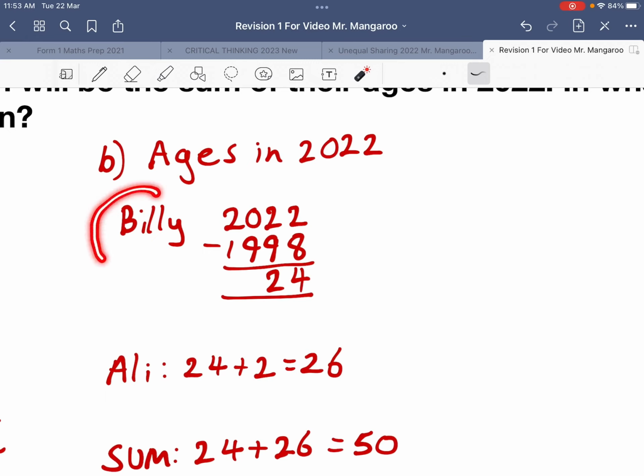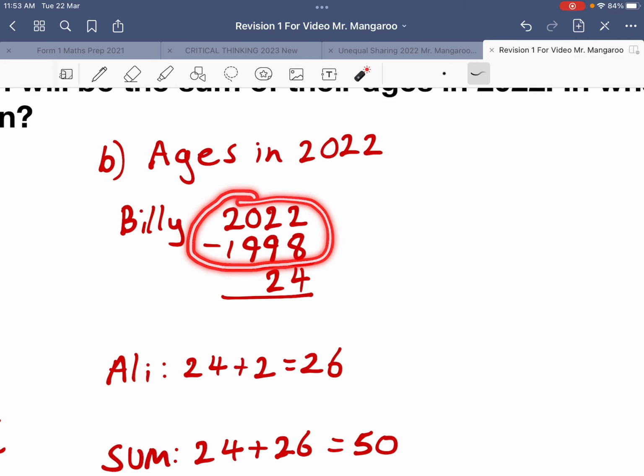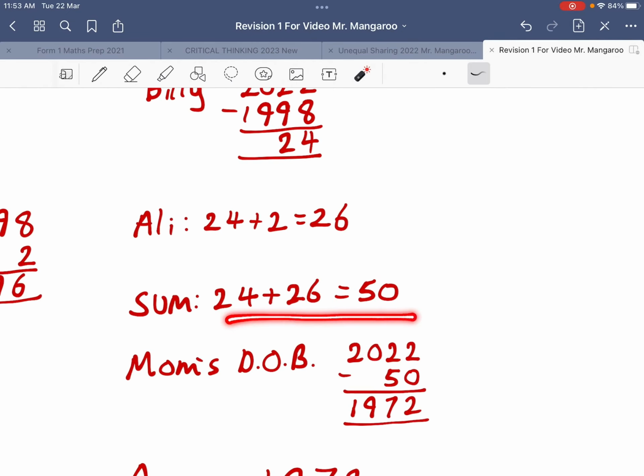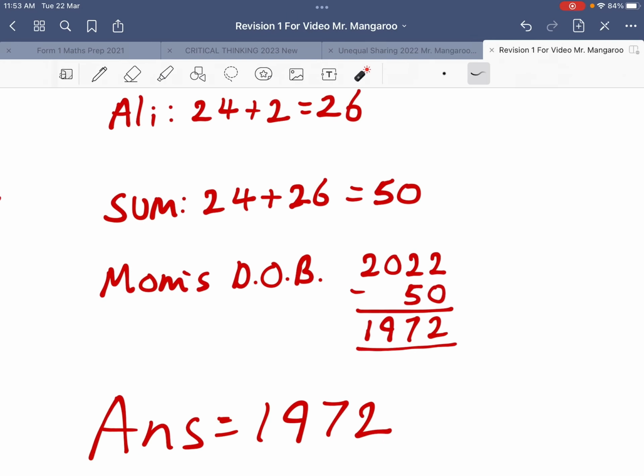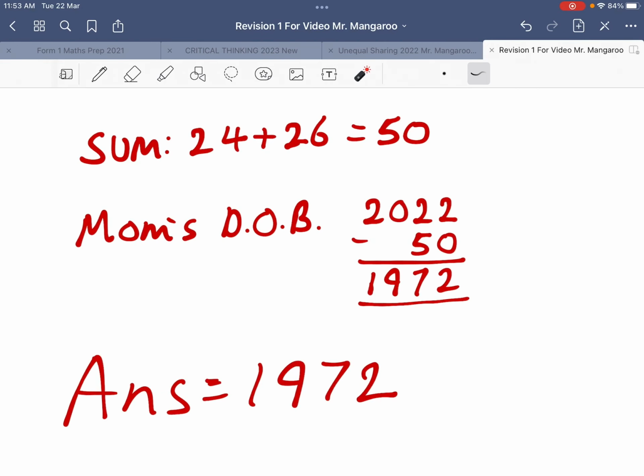So Billy would be 2022, take away his year of birth, will give us 24 years. Ali is 2 years older, so we just add 2. 24 plus 26 is 50. So their mom is 50 years in 2022.